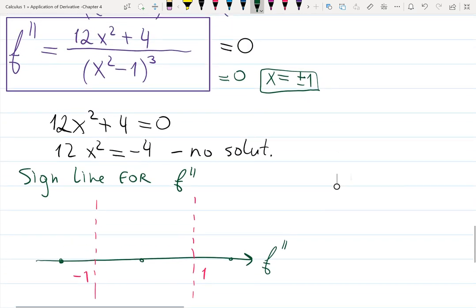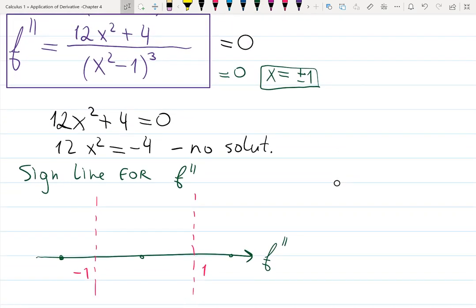I'm going to plug test points in my second derivative. And if the second derivative is positive, then the original function is concave up. If the second derivative is negative, then concave down. If the point changed the concavity, it's an inflection point, but only if the point is in the domain. Let's check.